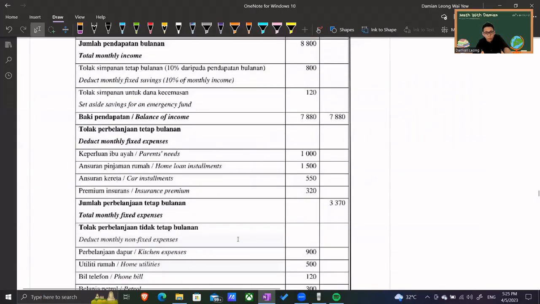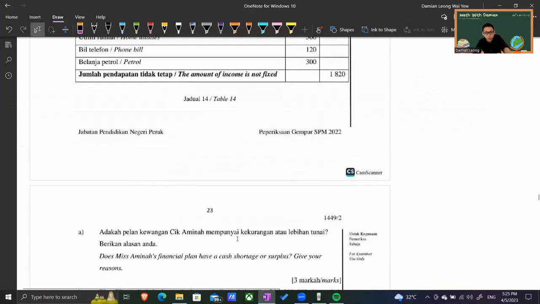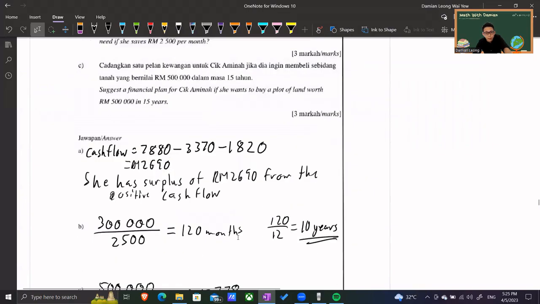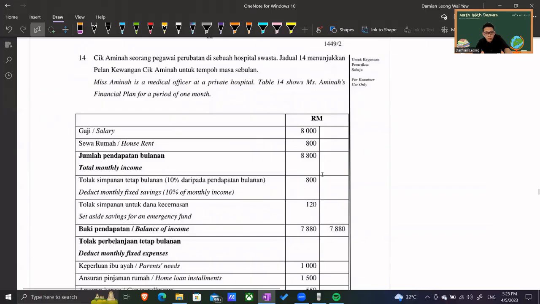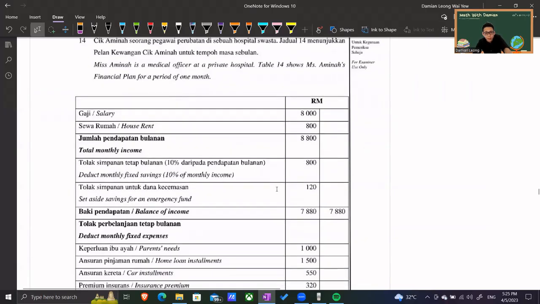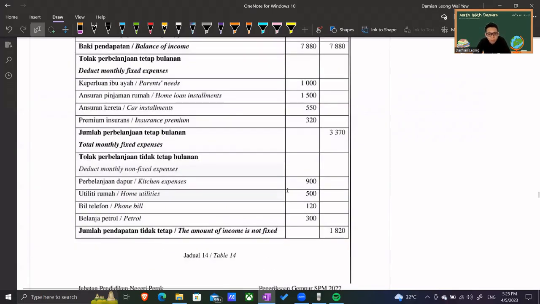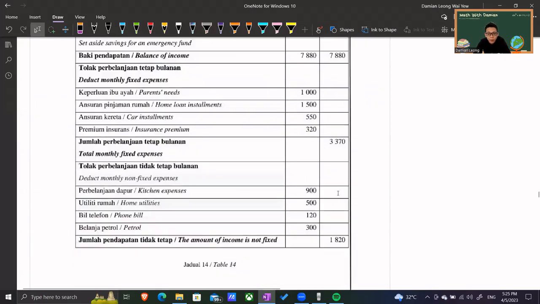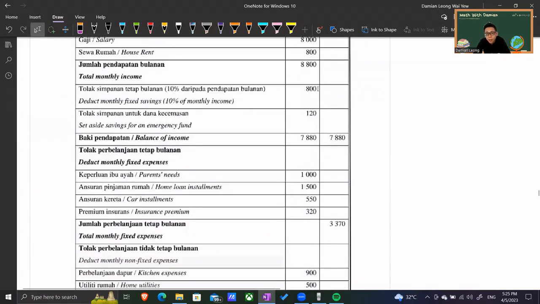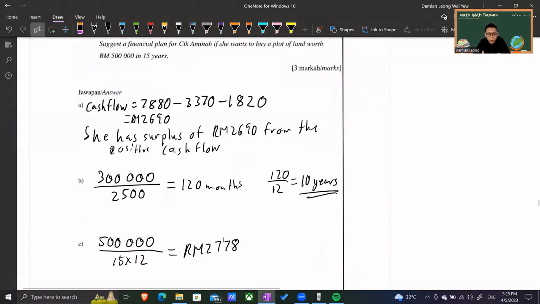So, she already has a surplus of 2,690 and she is saving 10% of money income. So basically, what we can do is take everything basically the same, just that the monthly fixed savings we put maybe 2,800, which will still give her a positive cash flow.